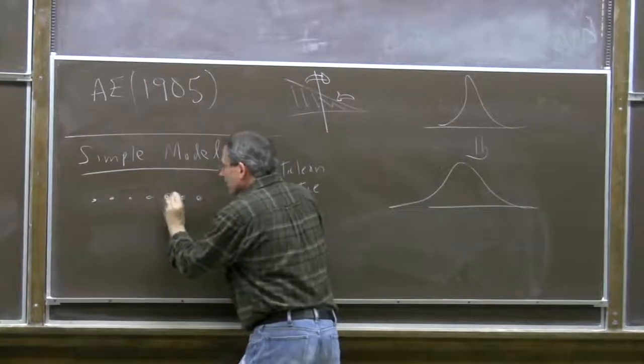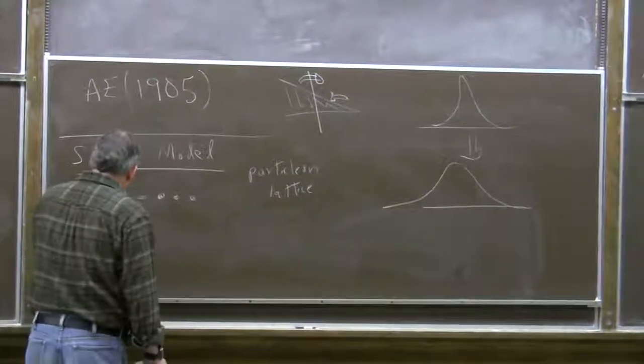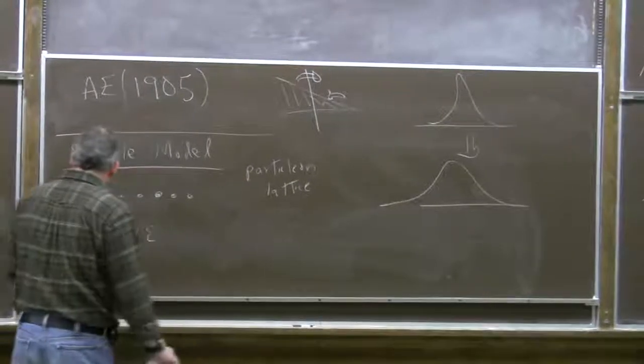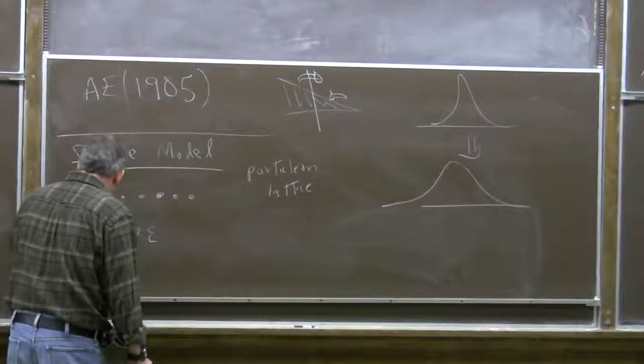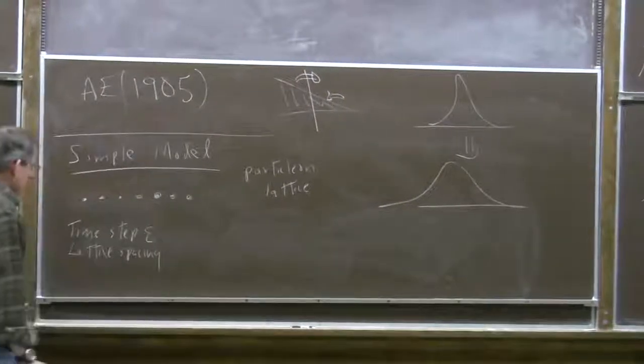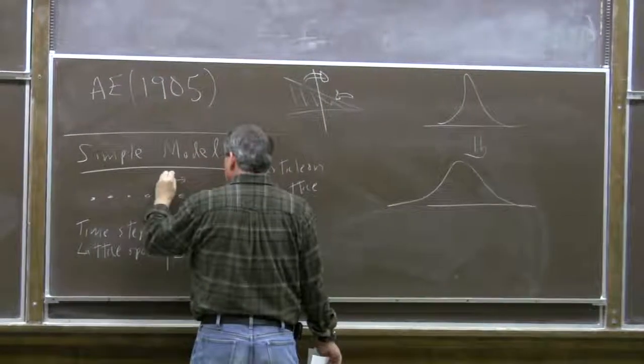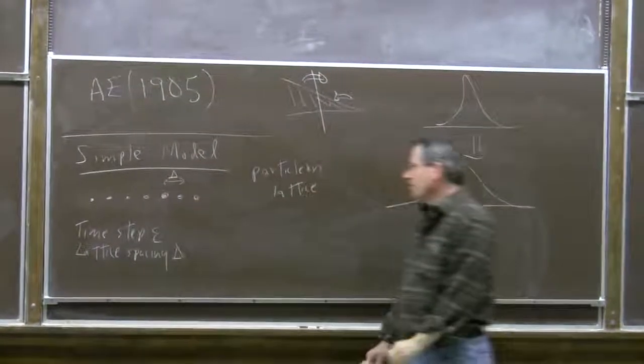And there will be some time step, which I'll call epsilon, and a lattice spacing, which I'll call delta. So delta is the spatial distance between these lattice sites.